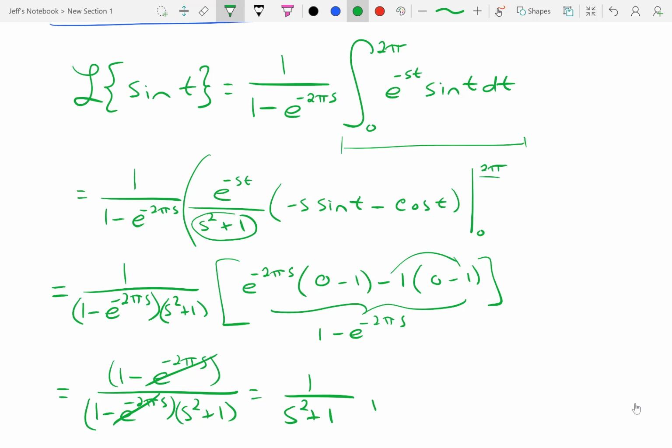Let me just say again that this is a terrible idea. If you have to derive the formula for the Laplace transform of the sine of t, don't use this formula, but you can see that this formula does in fact work.